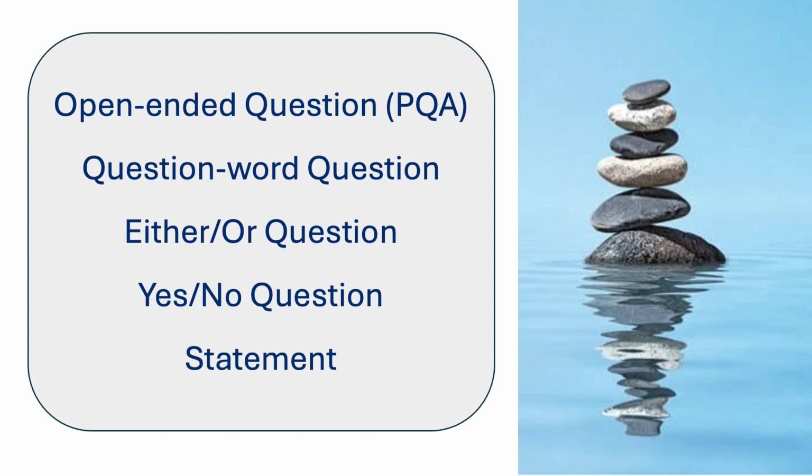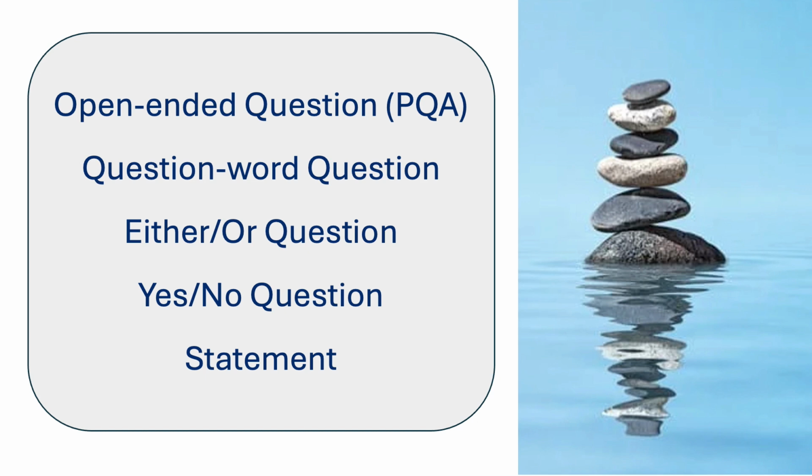Then move on to an either-or question where students are given two options and one of the options requires them to say the target word or phrase to answer. From there, you can move on to question word questions or longer open-ended questions that use an interrogative word. The final step in this process is to ask open-ended questions.